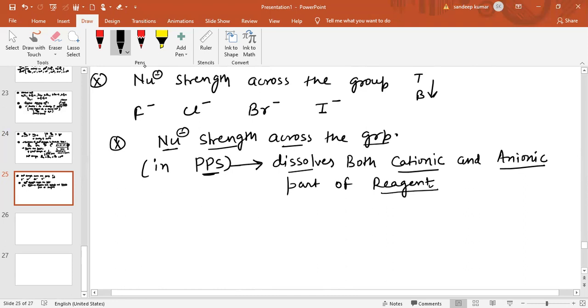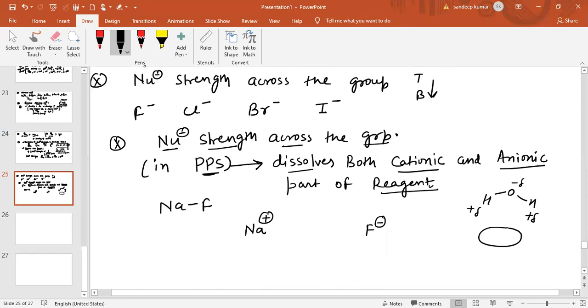Now, if a reagent is given like sodium fluoride, in sodium fluoride one is Na positive and one is F negative. Now see, we know water is polar in nature. There are two ends of water, one positive and one negative.